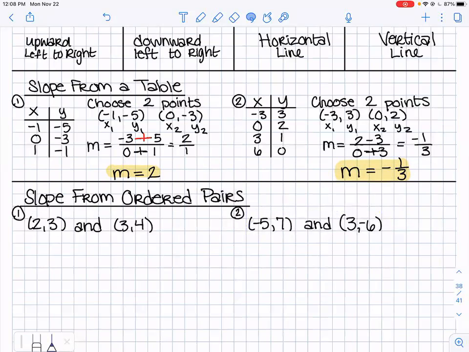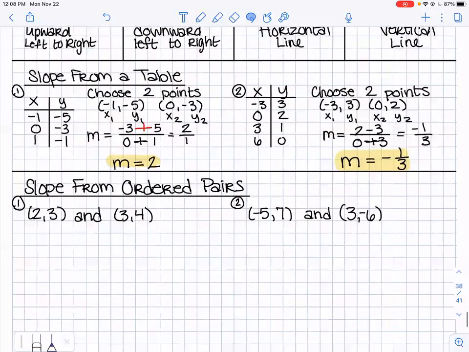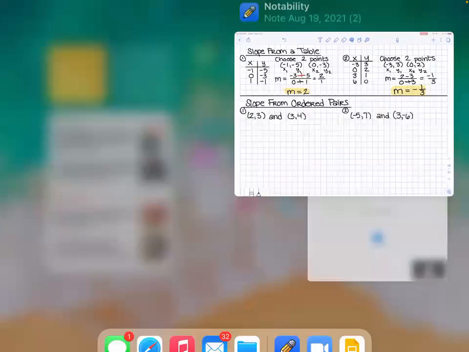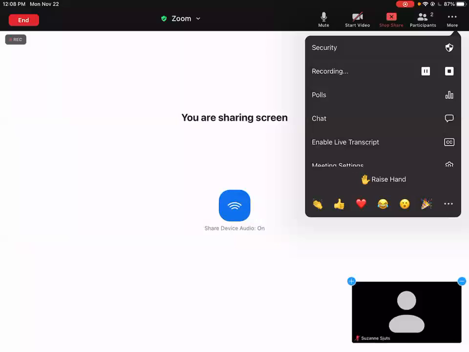Okay, so try to find the slope from 2, 3, and 3, 4. And then on number 2, do the same thing with 3, -6, and -5, 7. It's no fraction, 1 over 1. Okay, remember y is on the top, x is on the bottom.